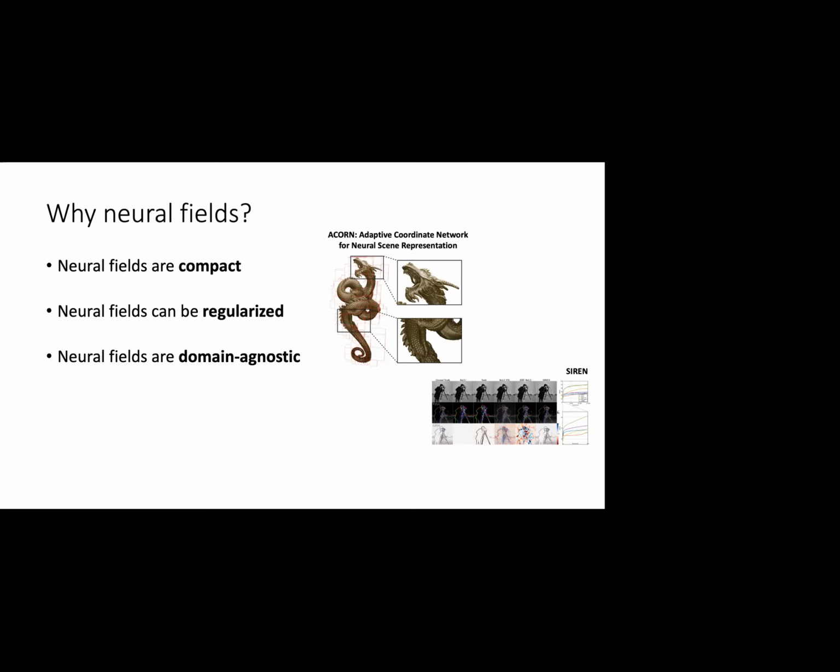And like Garrett mentioned, neural fields are domain agnostic. They're really flexible. You can actually separate the parts of your domain that change from your neural parameters and learn only the parts that you need to. You'll see some examples of this later also.